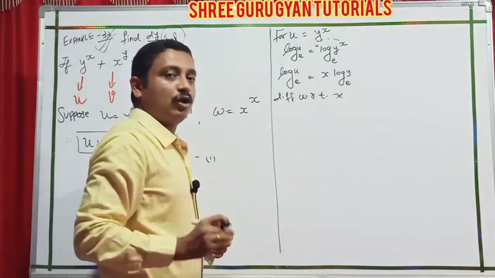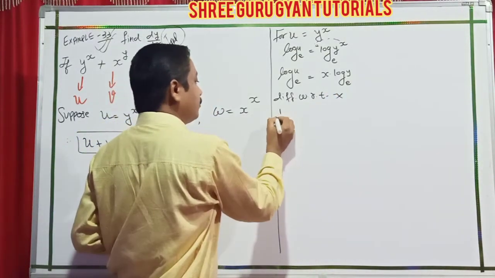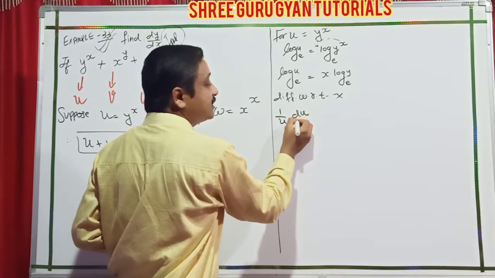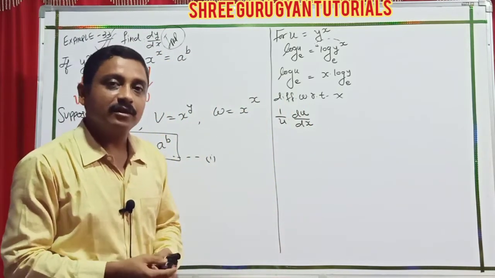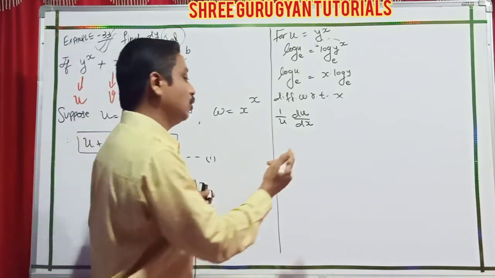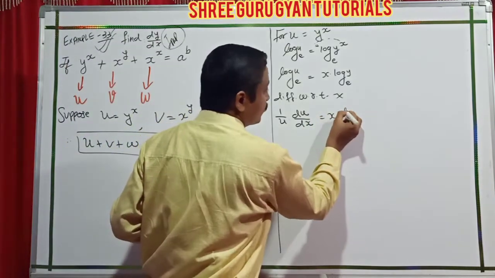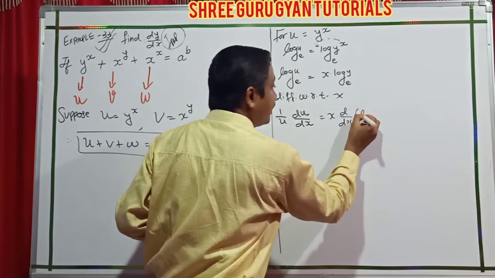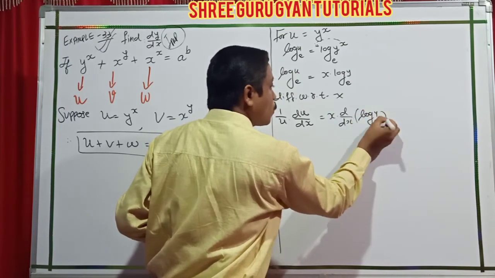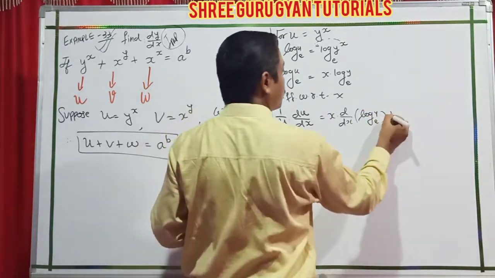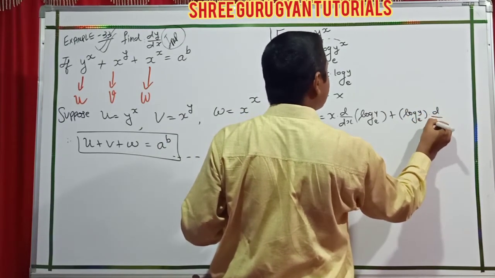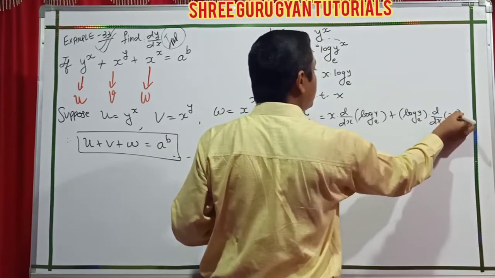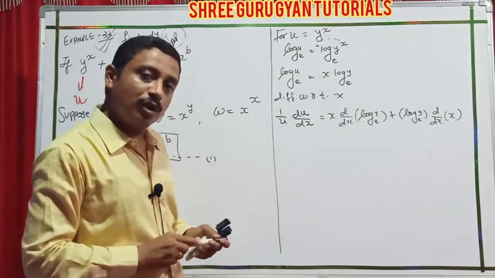So what do you get? The log u derivative is 1 by u, and the u derivative is as it is, du by dx. And here apply our product rule: first into second derivative, plus second into first derivative, going by our product rule.